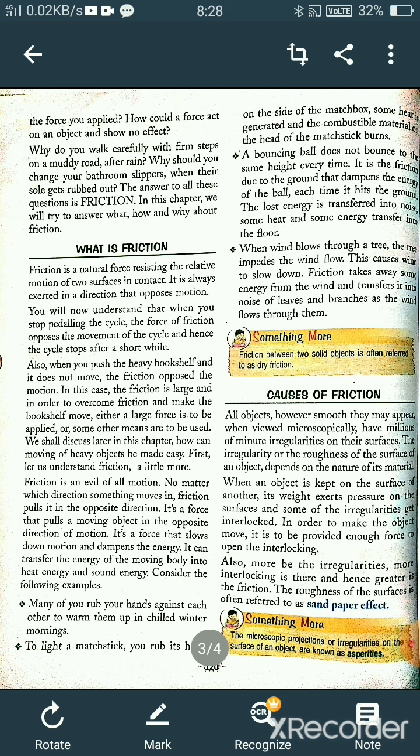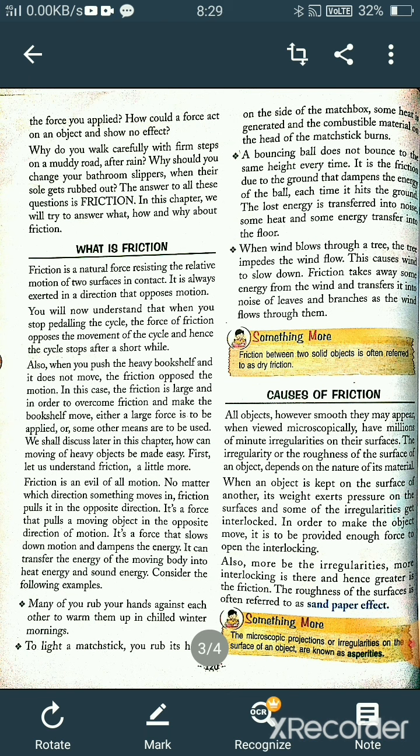For example, many times when we rub our hands against each other, the hands become warm, right? And to light a matchstick, we rub its head on the side of the matchbox. So heat is generated and the combustible material on the head of the matchstick starts burning.